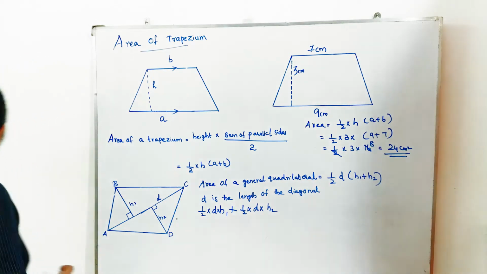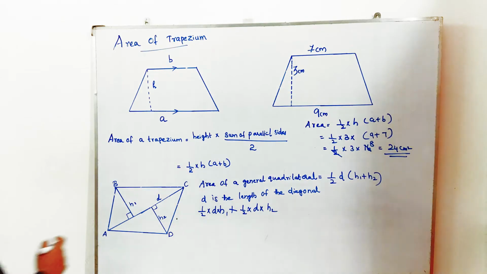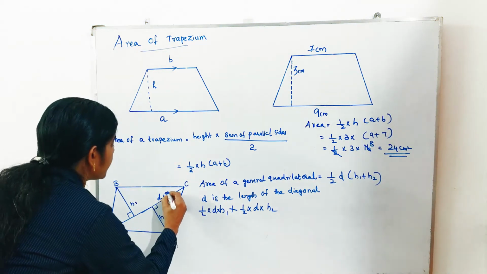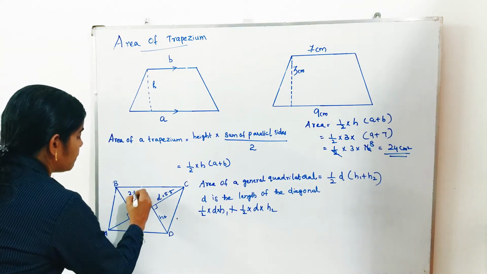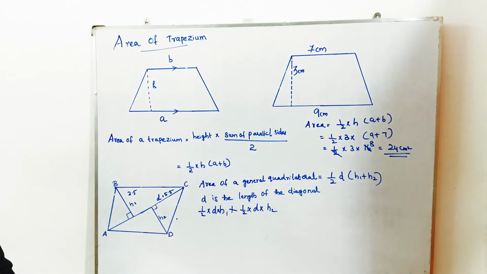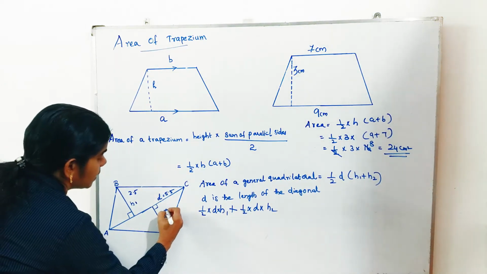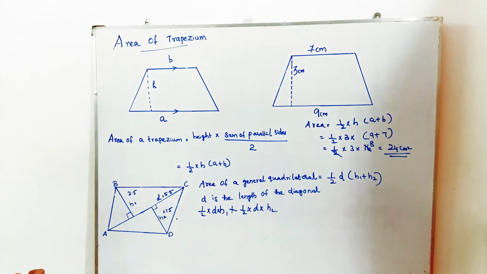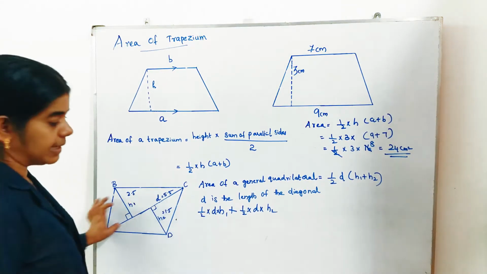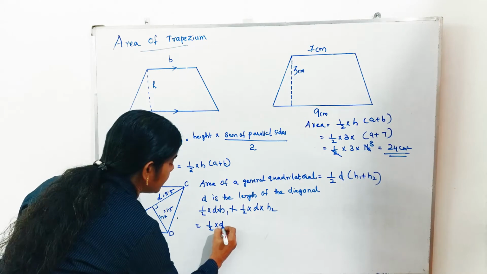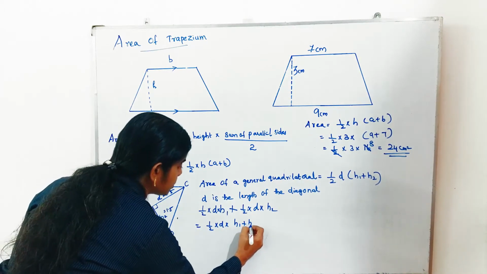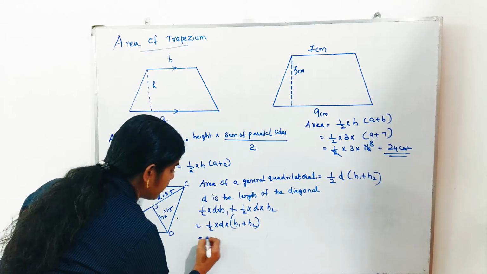For example, the diagonal's length is given as 5.5 and H1 is given as 2.5. H2 is given as 1.5. You want to find the area of this quadrilateral. Then you already know that it is half into D into (H1 plus H2). Then we can substitute the values.